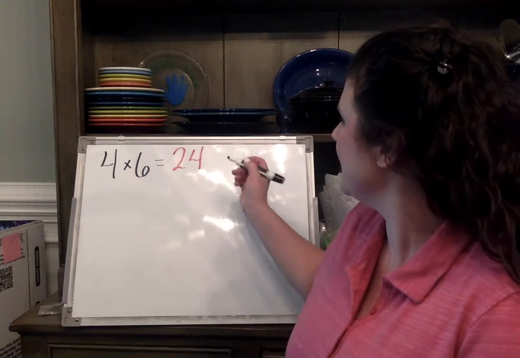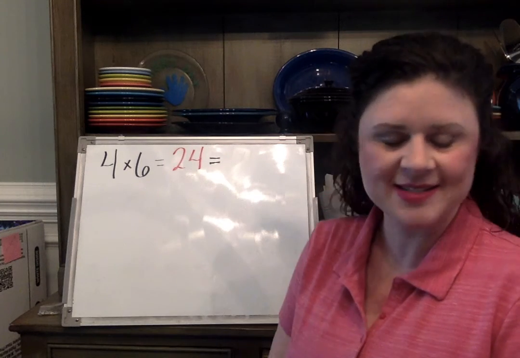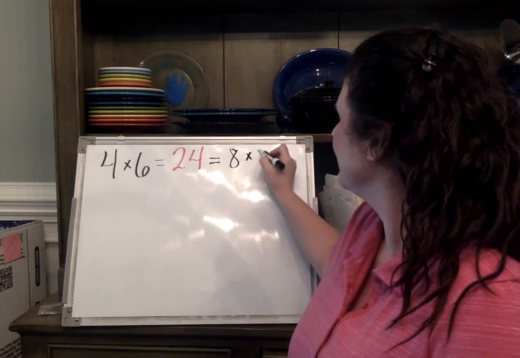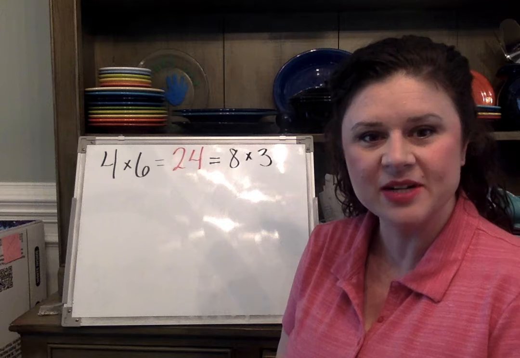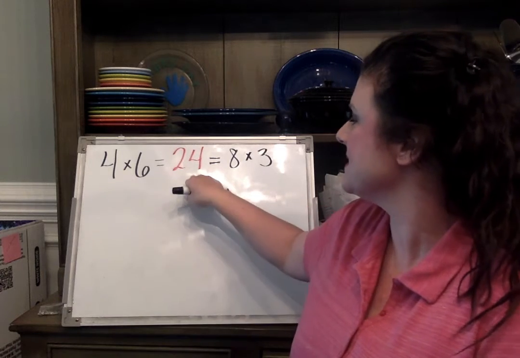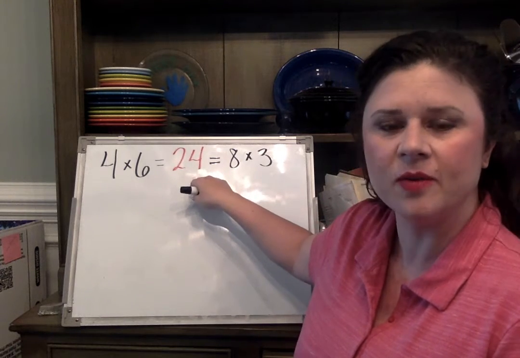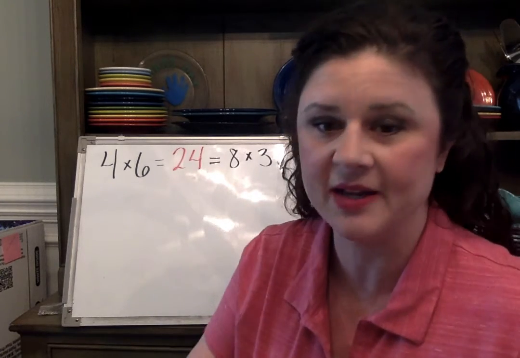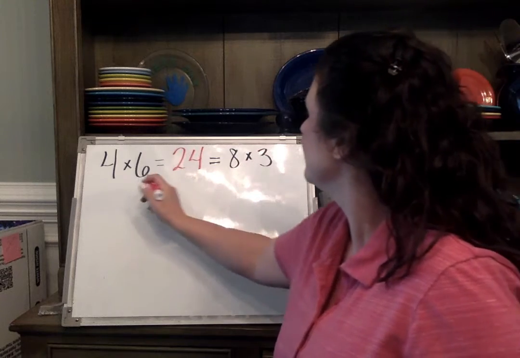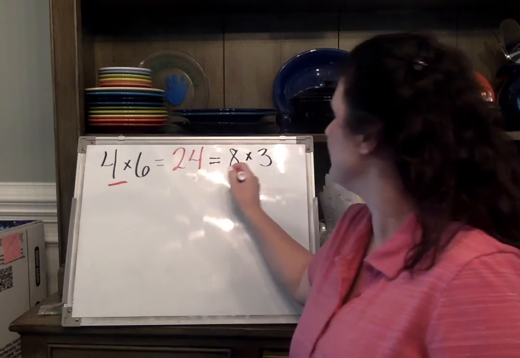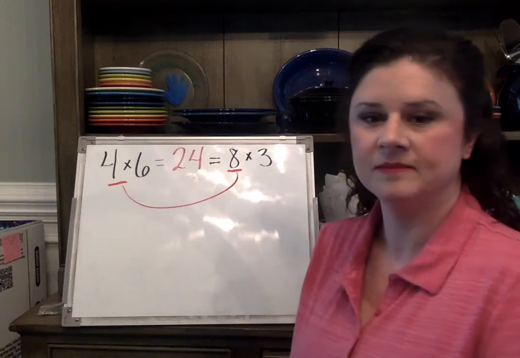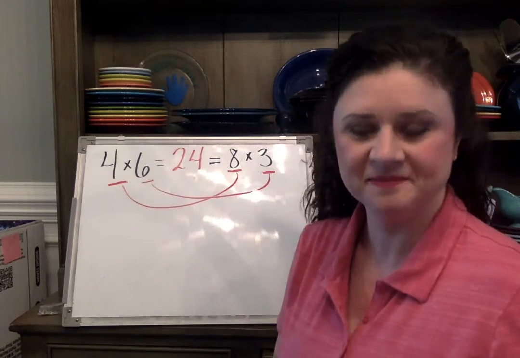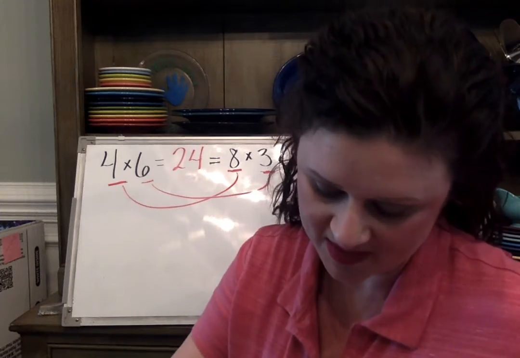Did anybody say, hey, that is exactly the same as 8 times 3? 4 times 6 equals 24, and 8 times 3 equals 24. Do you remember that we used that 4 times 6 because we halved the 8 and we doubled the 3? Okay, so let's look at this one.